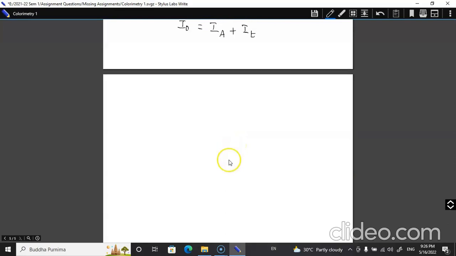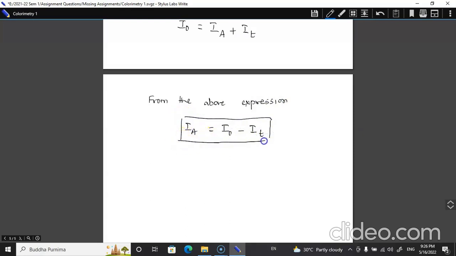From the above expression, the intensity of absorbed light is equal to the intensity of incident light minus the intensity of transmitted light.